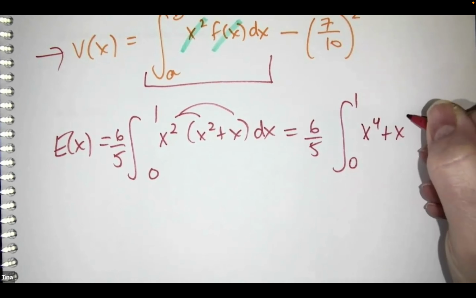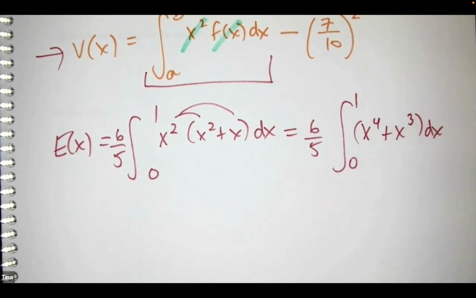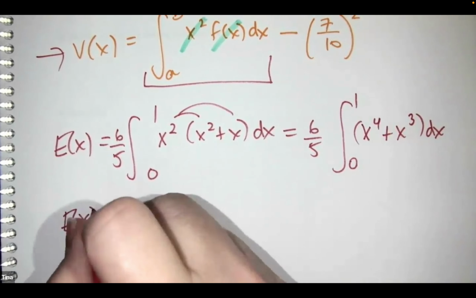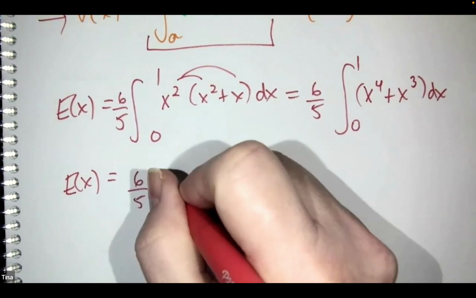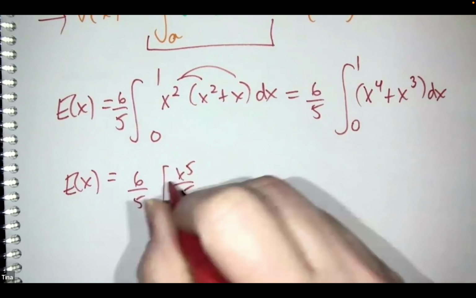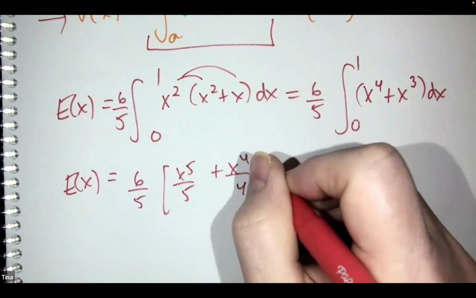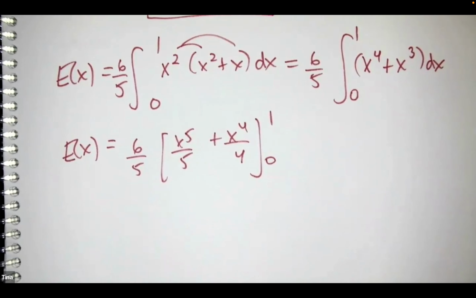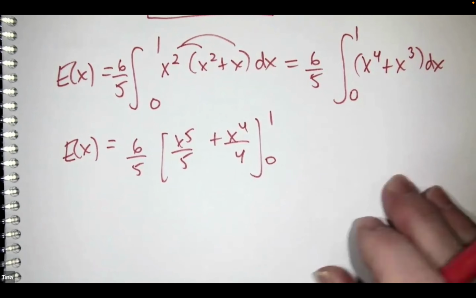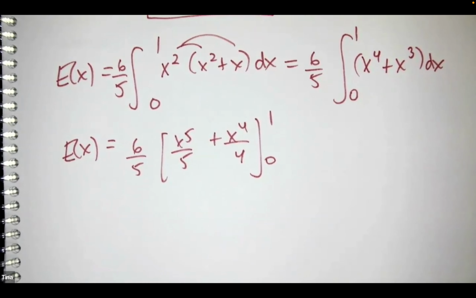So I'd have x to the 4 plus x to the 3 dx. And so for E of x squared, if I integrate, I'm hoping you said x to the 5 over 5 plus x to the 4 over 4 from 0 to 1. Okay, take a minute. What is that as a number answer?